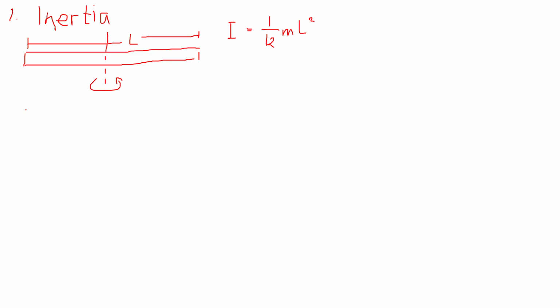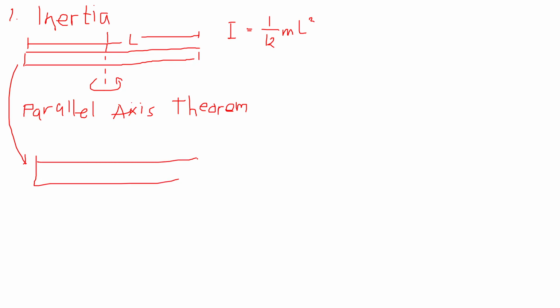And then the parallel axis theorem basically says if you move the axis by a few meters, the new moment of inertia is proportional to that. Let's see using this example. We're gonna move the spinning point to the end.